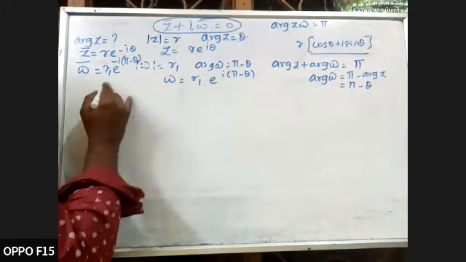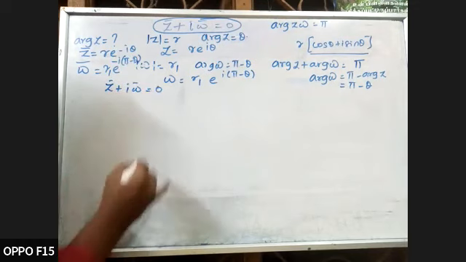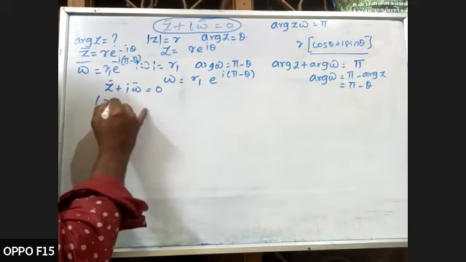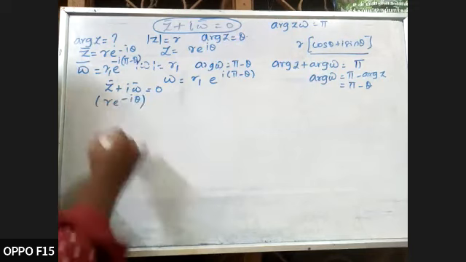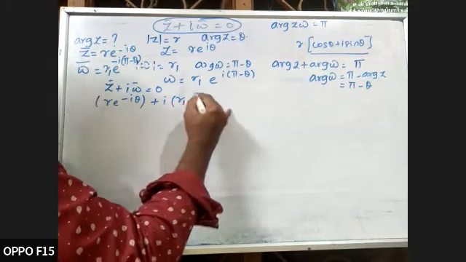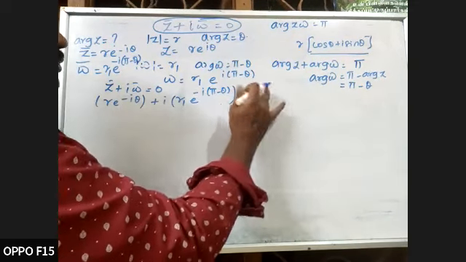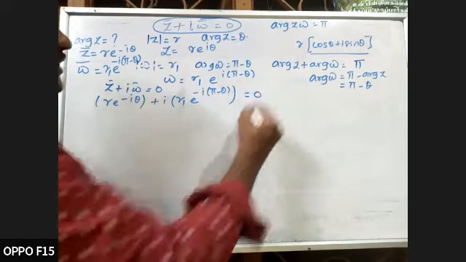Now take this equation, Z conjugate plus i omega conjugate equal to 0. Your Z conjugate is R e power minus i theta plus i into R1 e power minus i into pi minus theta, which equals 0. Is it right?